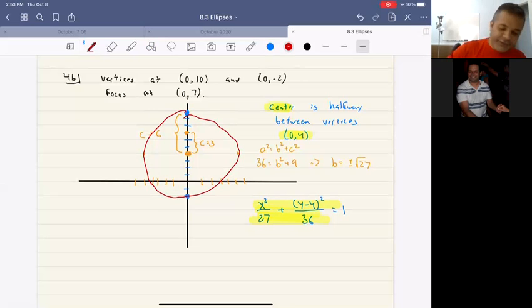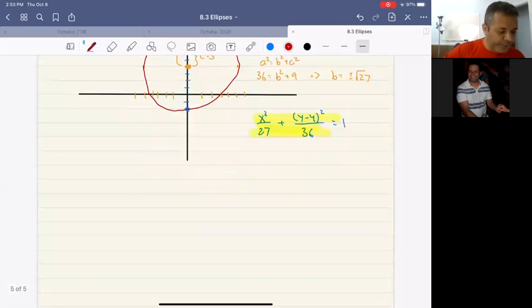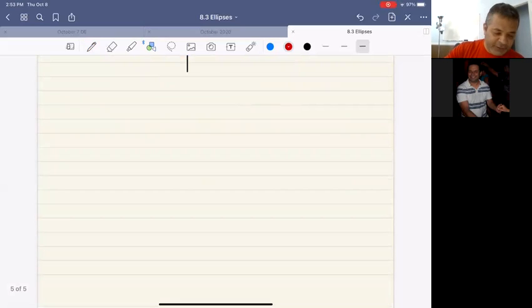Okay, next problem, 66. Okay, in 66, they actually give us a picture, and they say, find the equation of the ellipse.